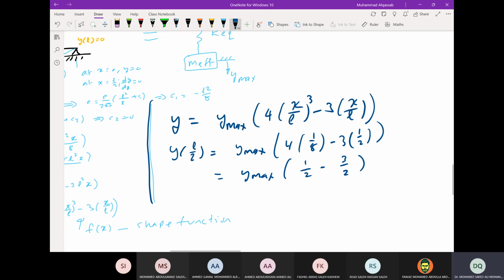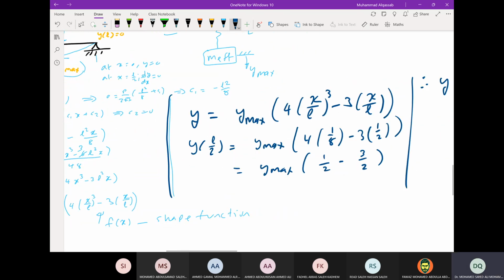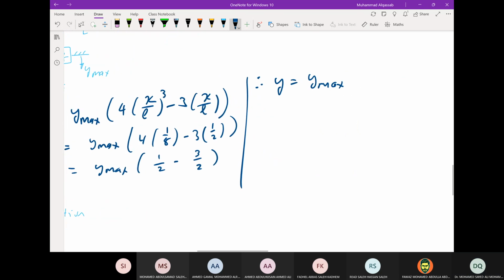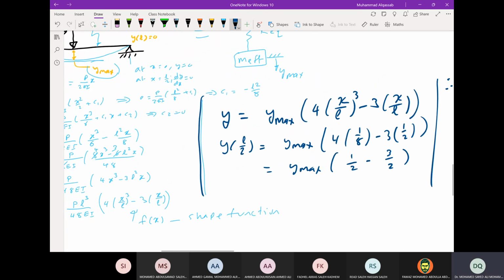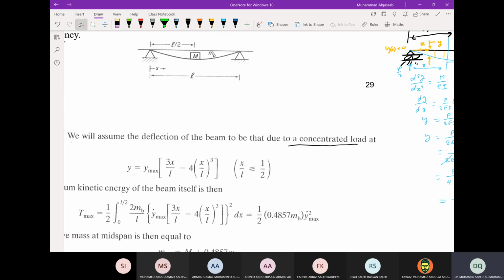Therefore, the final equation, y will equal to y maximum, there is minus or plus minus, right? Yeah. I get a minus. Maybe the equation, yeah, there is a minus.